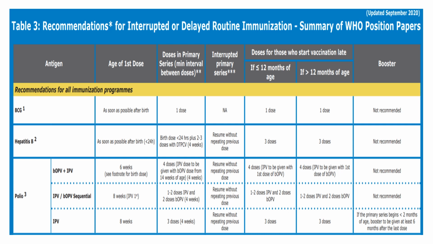In case of polio, in our country, we follow the bivalent OPV and the IPV. It is to be resumed without repeating previous doses, and 4 doses to be given if less than 12 months of age, and the IPV to be given with the first dose of bivalent OPV. And same even if the child is more than 12 months.